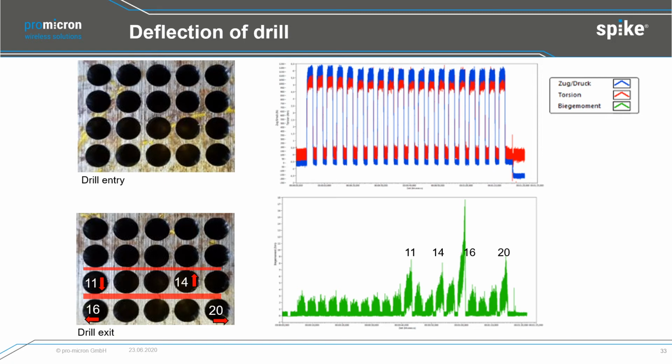And remember, we can detect the deflection of a drill with bending moment, and you remember this picture, and maybe hole number 16, which is out of tolerance, we can only see it in the bending moment, would cause a tapping breakage afterwards.